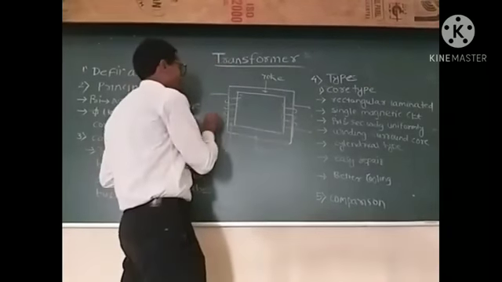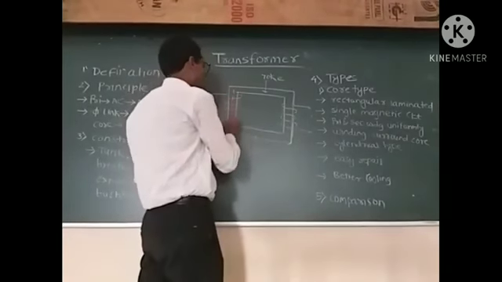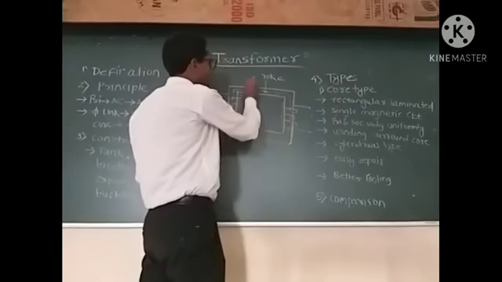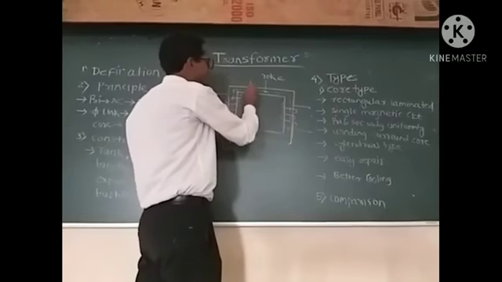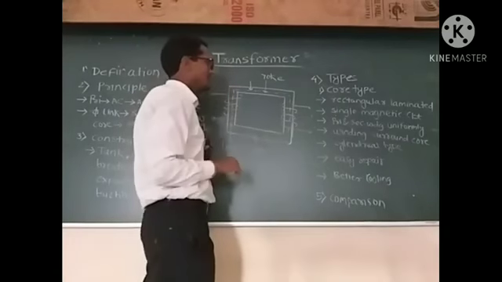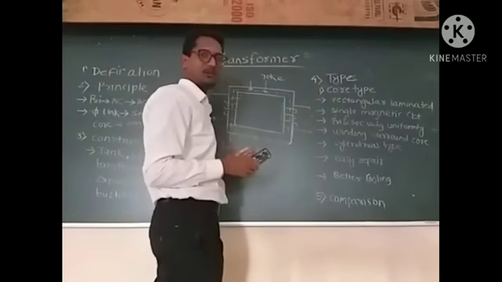In the core type of transformer, two yokes and two limbs are present, and a single magnetic circuit is present. Both the windings are wound on the side limbs of the core.